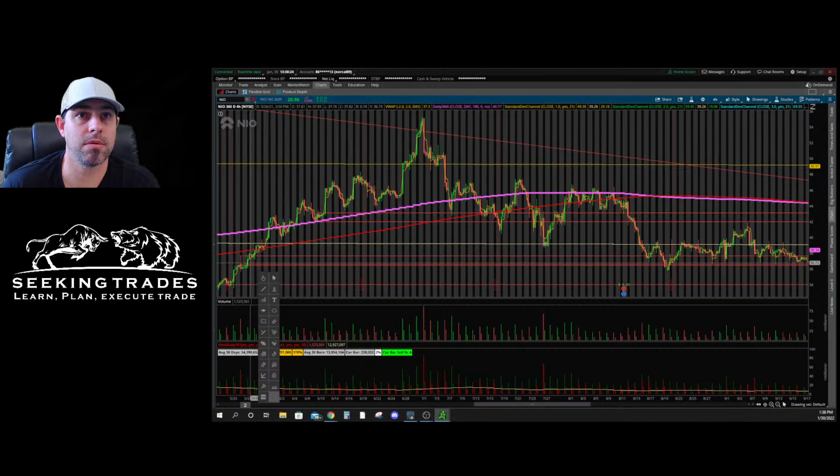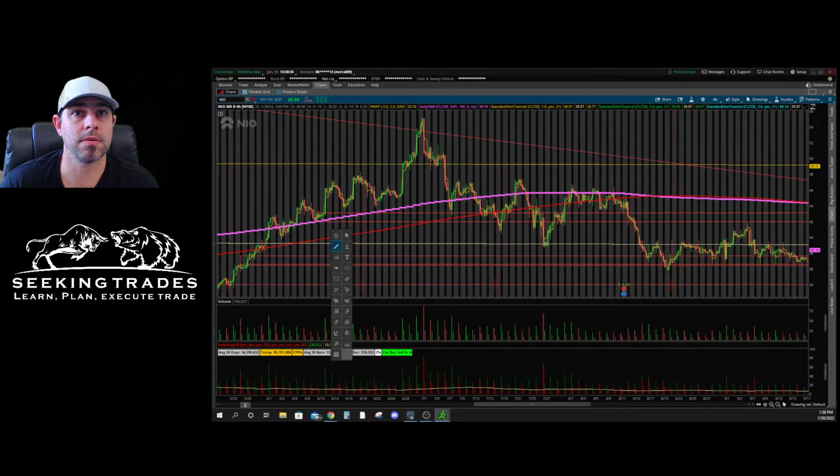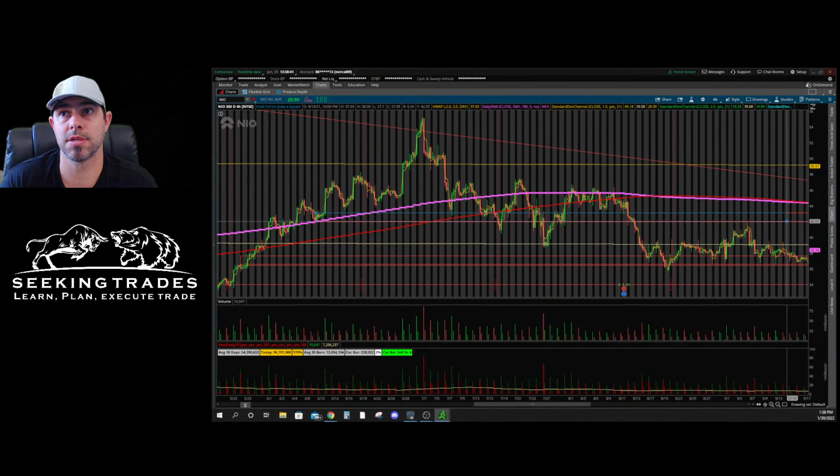Big candle. Here we go, right up here. So this would have been your supply zone here. So then you're going to draw your rectangle all the way across. Just to show you.